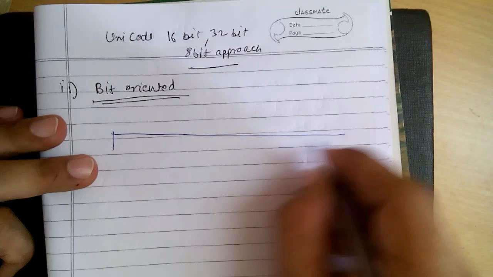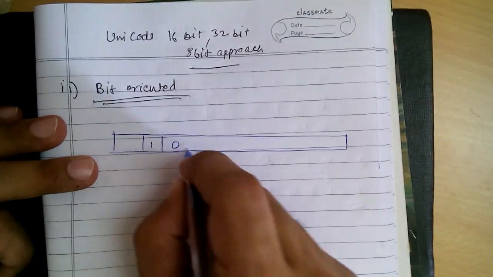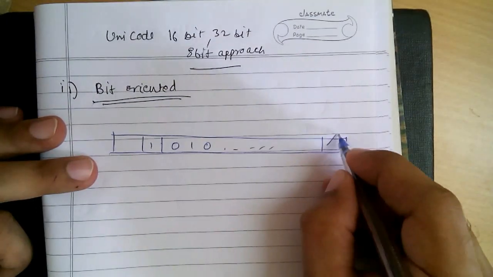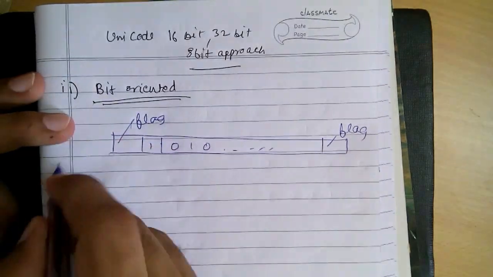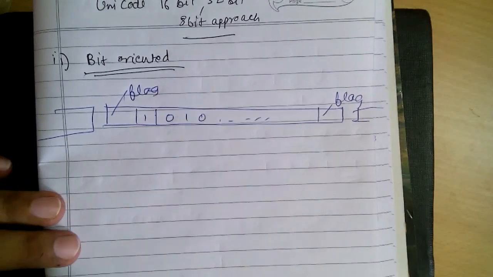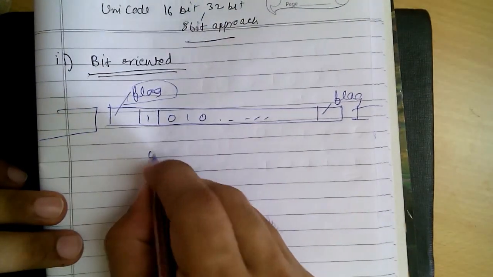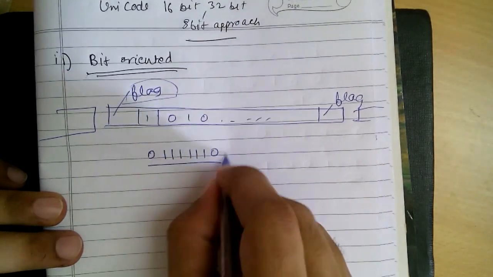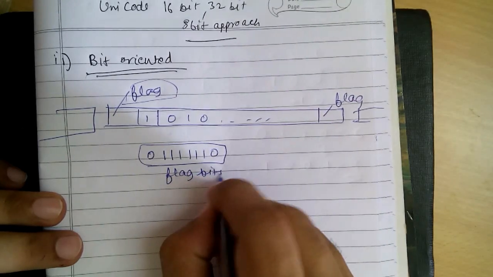Let's see, this is our data, 1 0 1 0 and so on. There is a flag here and a flag here. There are other frames. We can choose a set of bits as the flag, and mostly it is 0 1 1 1 1 1 1 0.